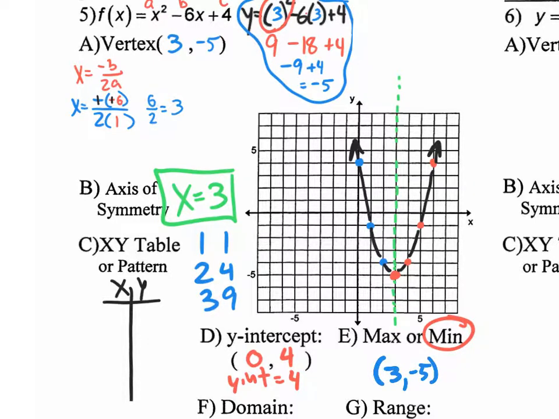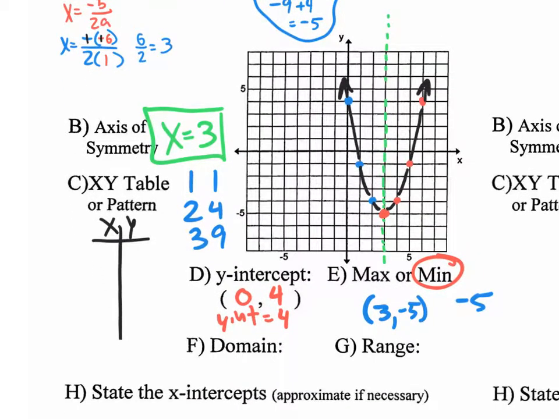Or you could also say that the min value is -5. Just the y. Because after all, maxes and mins are really talking about the y value, right? So you could give me the actual location, the vertex, or you could give me the minimum y value, which is -5. And we need to understand the minimum y value being -5 when we come to talk about range.